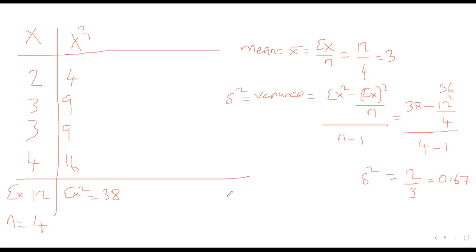It's the square root of the variance. Yes, standard deviation is simply square root of the variance. So our variance is 0.67. So what is the square root?